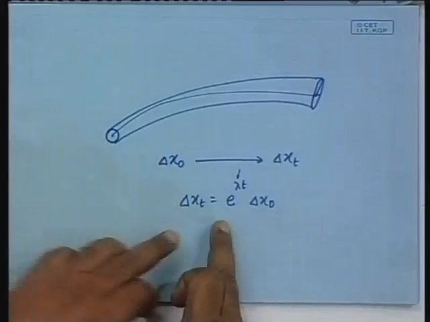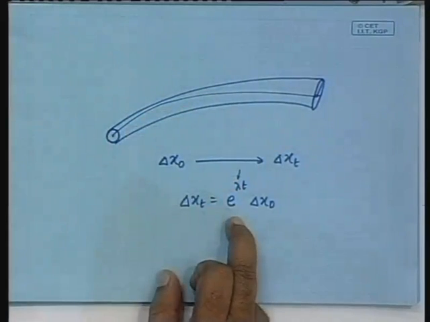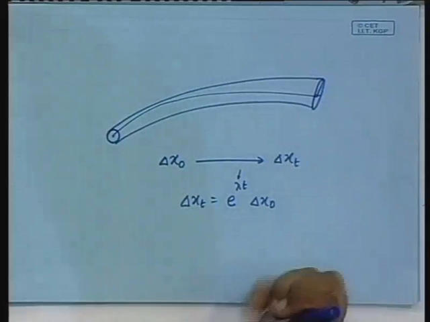So this will go on more or less like this. The only thing is that at every point this lambda may not be the same. Okay. So the answer to the question about how long I can predict essentially depends on this value of lambda.